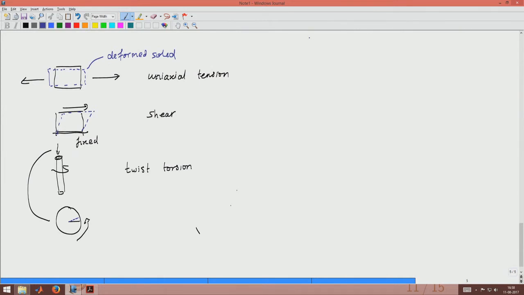One is called Couette flow, and in this case solid surfaces are used to make the fluid flow.